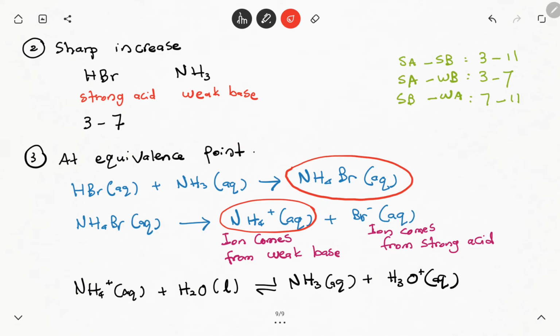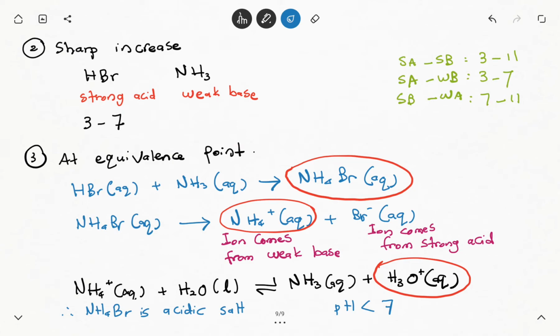When NH4+ reacts with water, it will produce H3O+ ion. So since the product of hydrolysis is H3O+, therefore NH4Br is an acidic salt and the pH is less than 7. So we have identified that the pH at equivalence is less than 7.